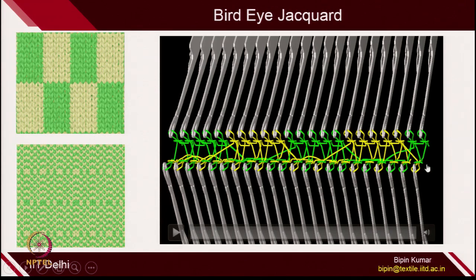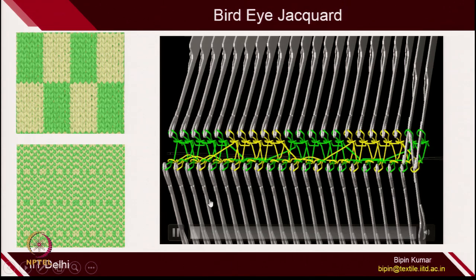Similarly, if you follow the pattern of yellow yarn, these 5 are making loops which will be visible on one side, and the rest 5 needles are making loops and float on the back side. So, you can see these two are loops and this one is float. Similarly, 4 loops and then on the back side loops and float. So, this is called bird eye jacquard.